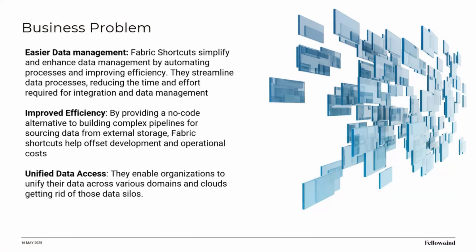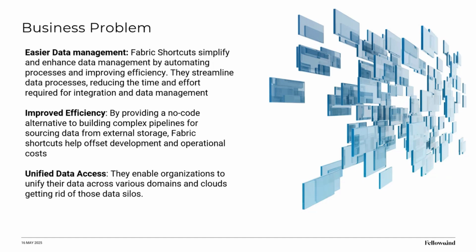But then, when you need to convince your stakeholders, let's talk a bit about business problems and what kind of things shortcuts can alleviate for you. So the first thing is that it eases data management. They simplify and enhance your management by automating processes and improving efficiency. They streamline a lot of data processes and reduce the time and effort required for the integration and data management.